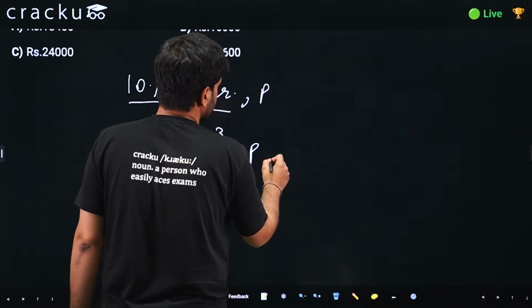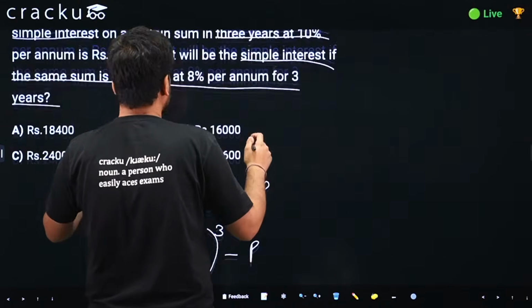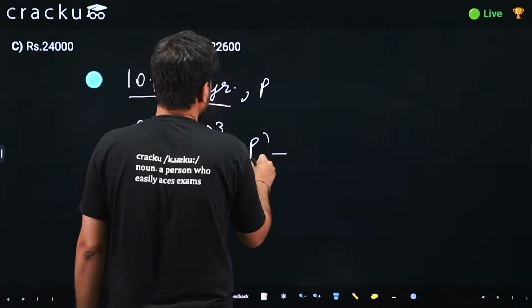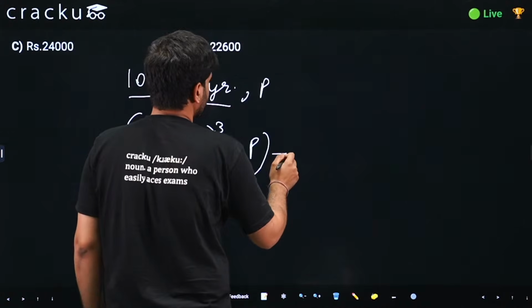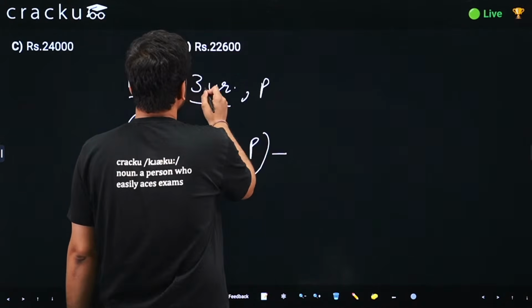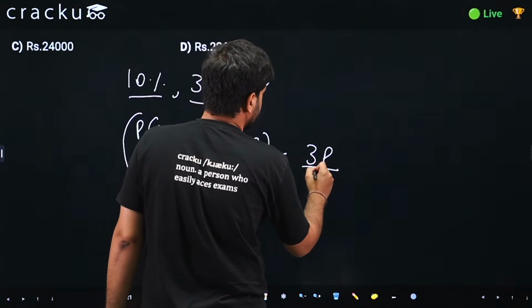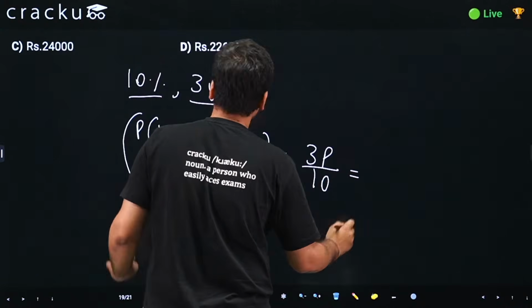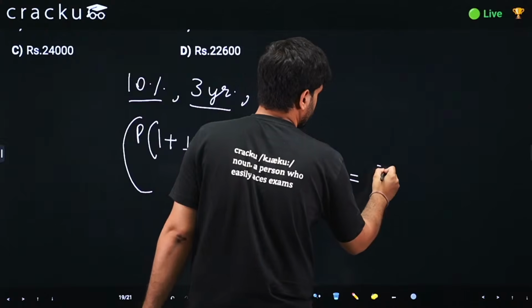And what would be simple interest? We are given the difference, so let us subtract the simple interest. Simple interest would be PRT by 100. P into 3 into 10 by 100, 3P by 10. This we are given as 3100.